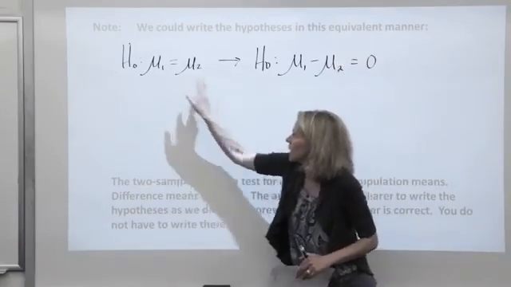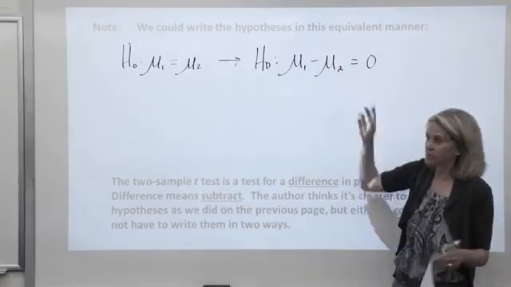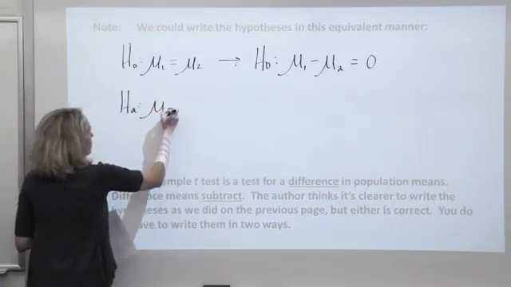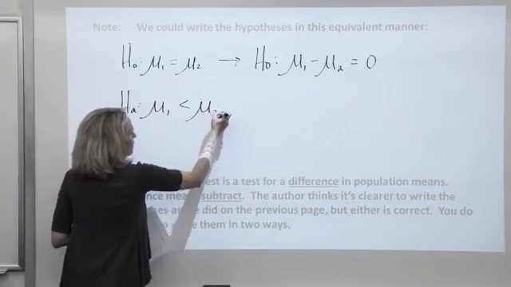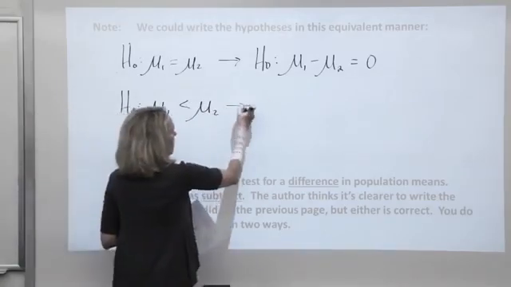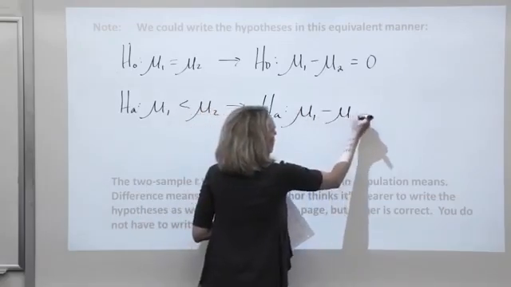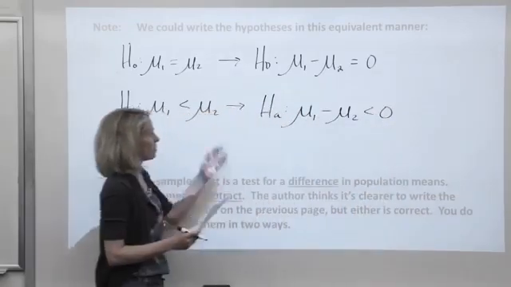If these two are the same, then their difference is going to be 0. And same thing, we wrote the alternative, let's just pick a less than, this way. You might see that written as a difference. They mean the same thing.